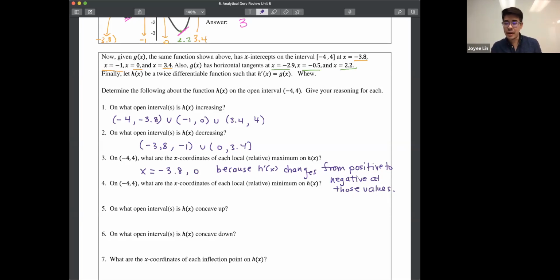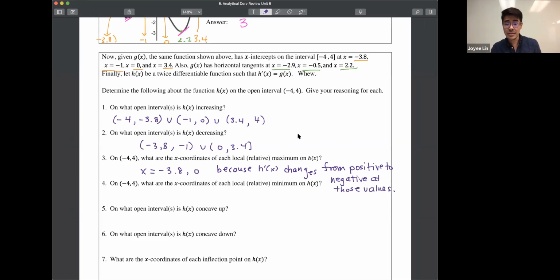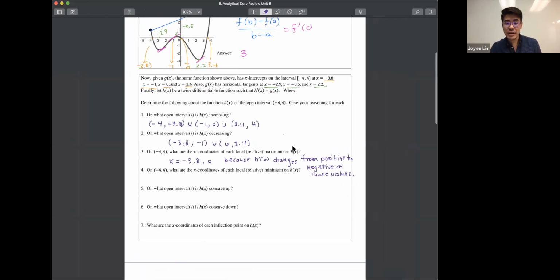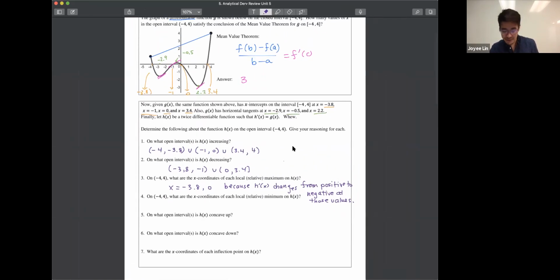Okay, now part 5 then. On what open interval is h of x concave up? This one's a little bit harder. Plug in your answers. When is this graph concave up?